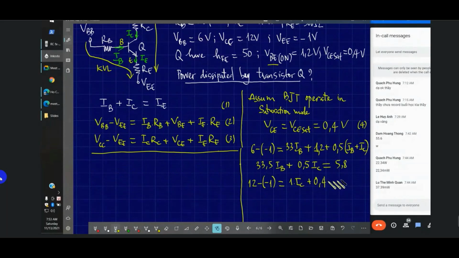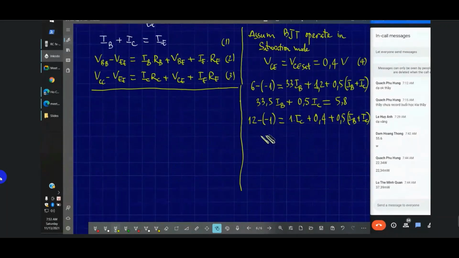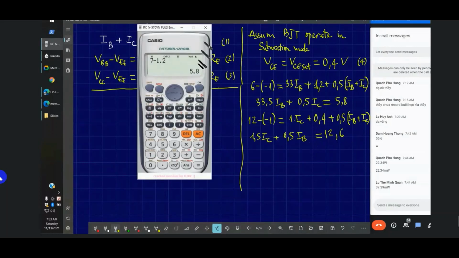And then IE plus 0.5, and then IB, IC. I have my equation like IC with another 0.5 is 1.5 IC plus 0.5 IB equal to 13 minus 0.4 is 12.6, right? And then I get two equations for two variables.